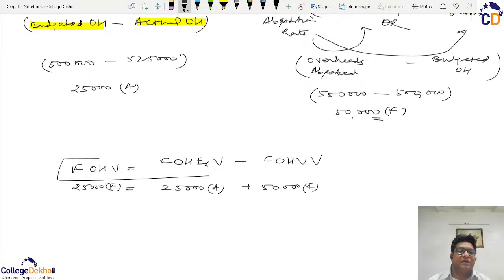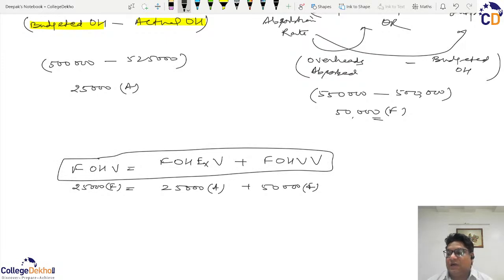And in a way we can say that the overhead variances have been verified for their reasons, that is, how much the variance is affected by the change in the anticipated expenditures and how much by the change in the anticipated output. So we can say it is verified that you have analyzed the reasons for the overhead variance.